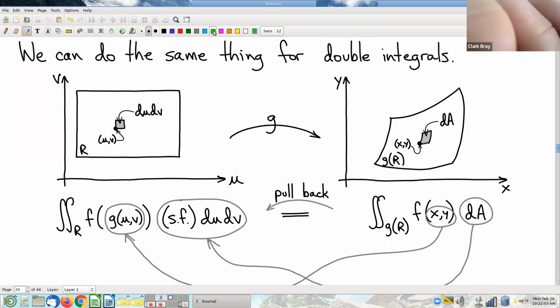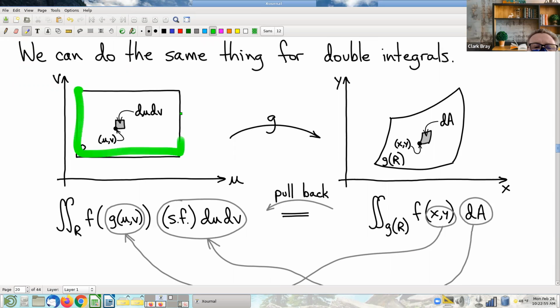analogous situation. The analogous situation would be, I have some region. I'm making it a rectangle for reasons you'll see in a minute. And let's suppose we look at its image, and again, g being some random function, who knows what that image is going to be. It's going to be some wacky shape.